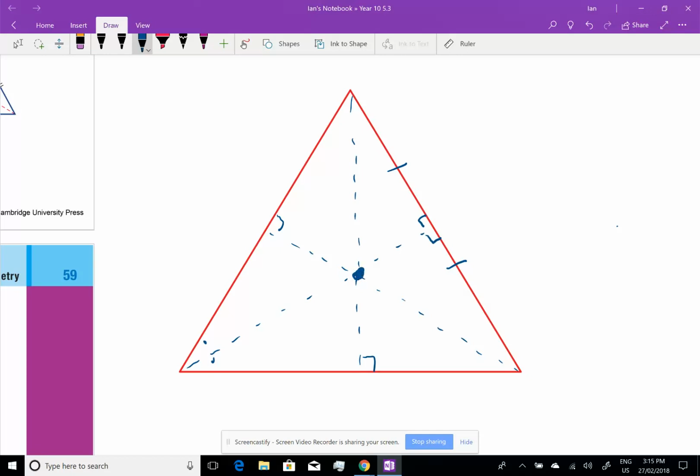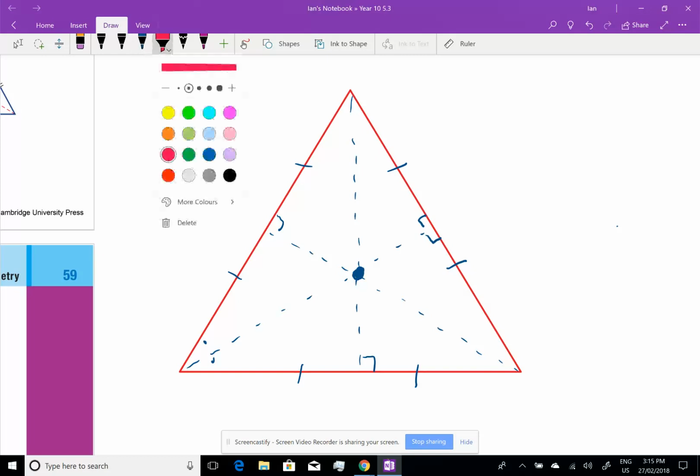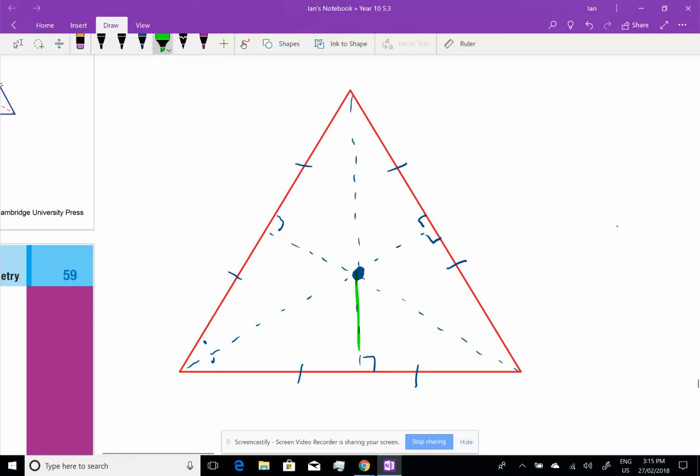And it's pretty obvious, even though I've drawn this pretty roughly, that that is not halfway. But we know that all these distances are the same. Now, what I'm going to do is I'm just going to focus on this triangle here.